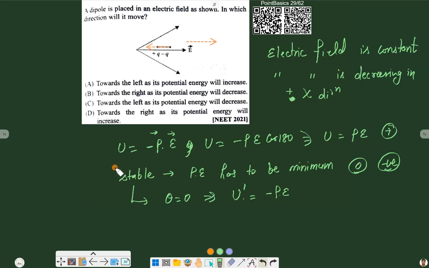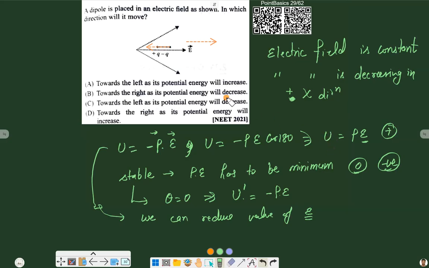Then what we can do here is reduce the value of the electric field. As we know, the electric field is not constant, it is decreasing in the right direction. So if the value of E decreases, the potential energy as a whole also decreases.